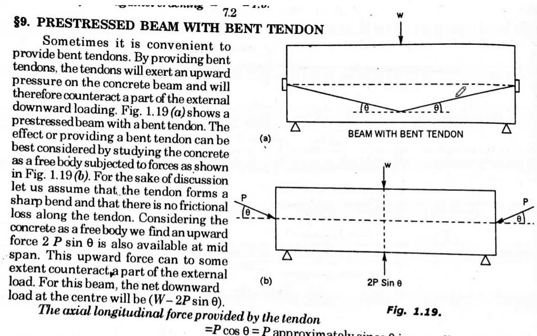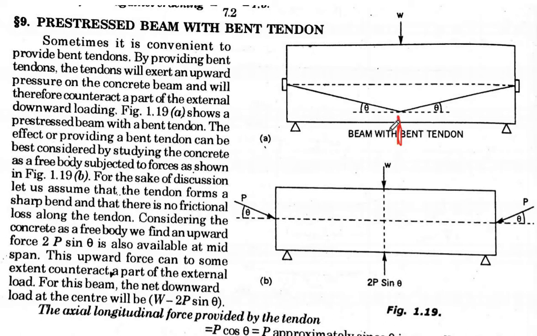See here, this is a normal simply supported beam. This is the tendon which is bent in this form. Here there is a point load, and this is the center CG of the beam. We will assume that this bent tendon is at an angle theta from the horizontal. Why we use bent tendons is that they provide an upward thrust.